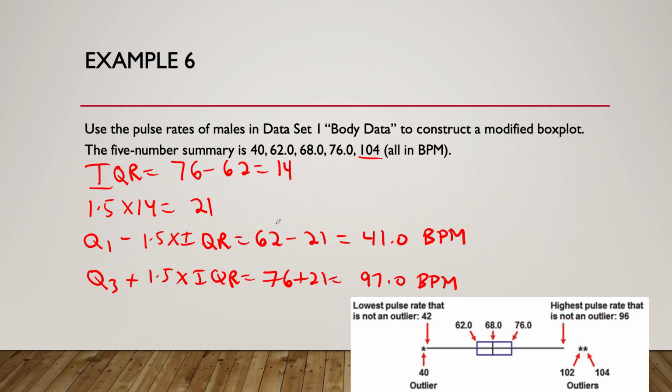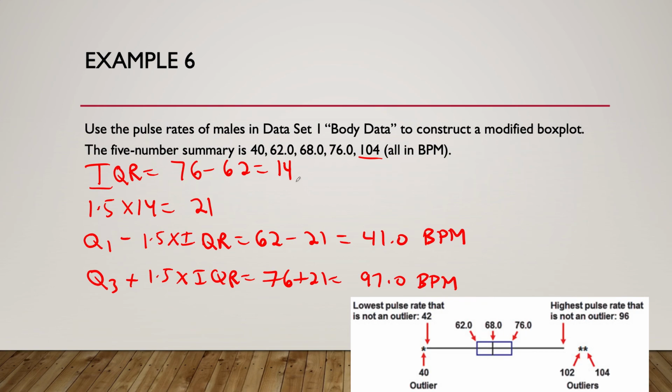So, for example, using the pulse rates of males of the Data Set 1 biodata data set to construct a modified box plot. The 5-number summary is 40, 62.0, 68.0, 76.0, and 104, all in beats per minute. So the interquartile range would be 76 minus 62.